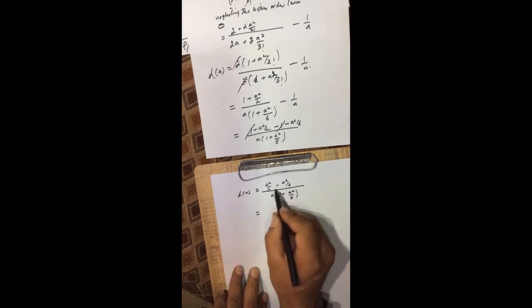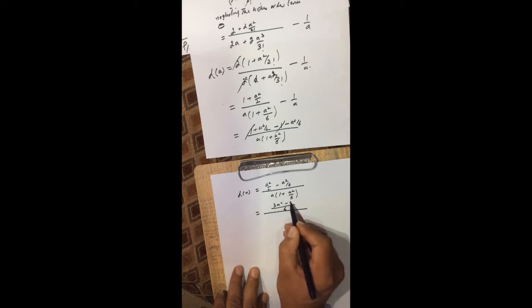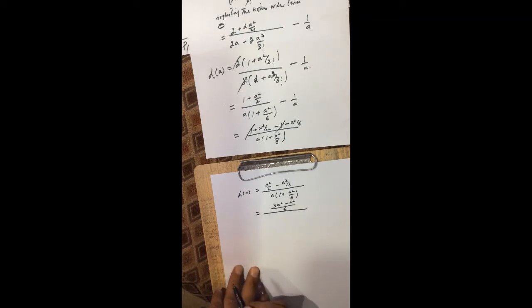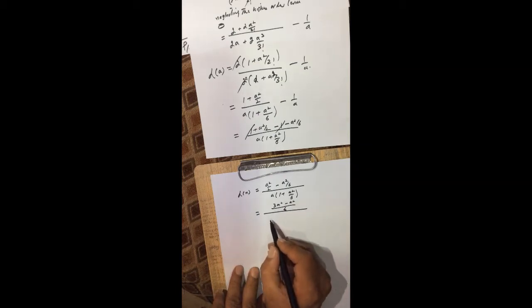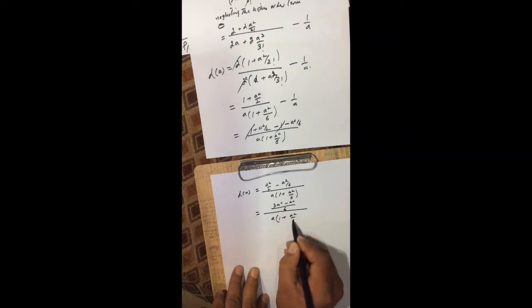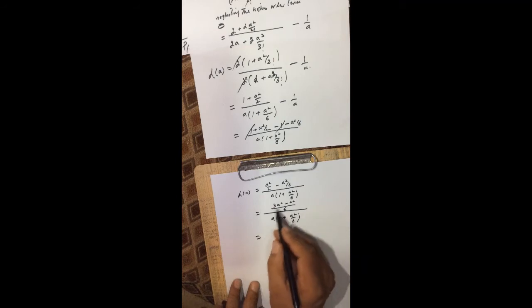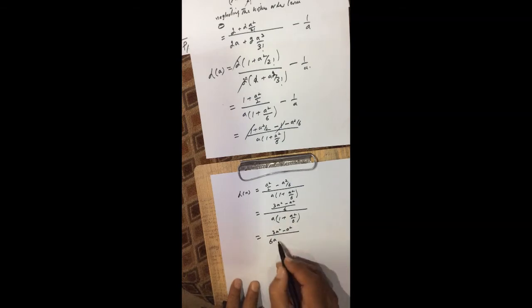So here, if I take 6 as the LCM in the numerator, then we are left with 3a square minus a square. And in the denominator, if I take 6 as the LCM, then we have a into 1 plus a square over 6. Now in the numerator I am left with 3a square minus a square, and I bring this 6 into the denominator.